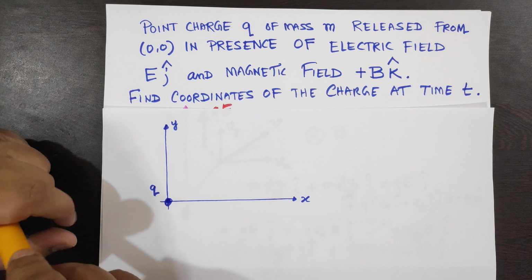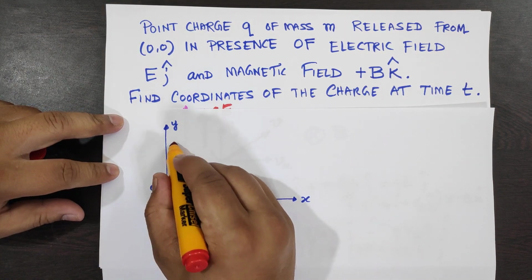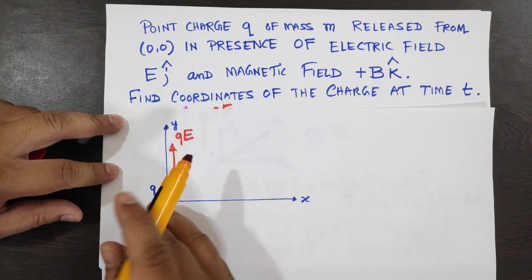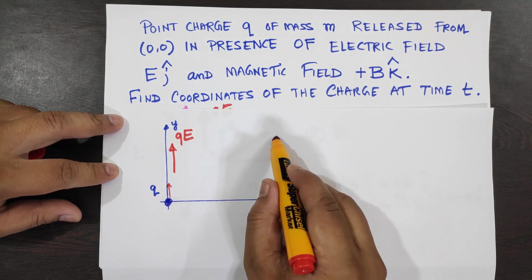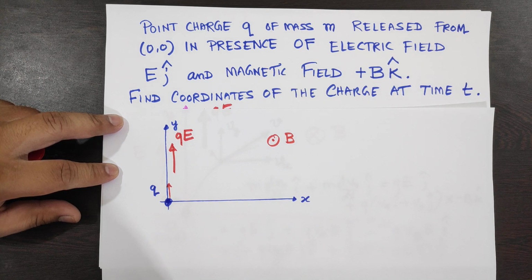at this point. So the electric force will always be constant, that is in the y-axis, that is qE. Due to that, at the start it will try to move in this direction, and the magnetic field B is along the z-axis, this way.